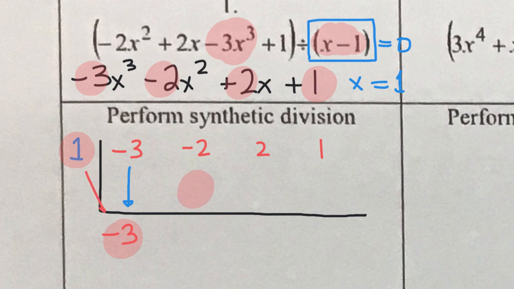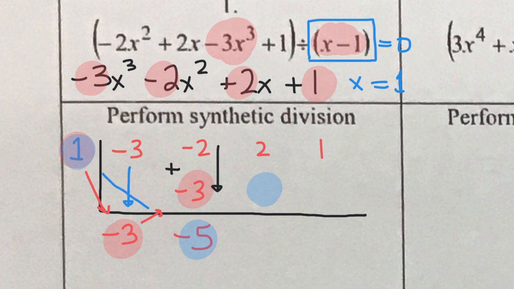We multiply 1 times -3 and put it in the next column. And the columns we always add. So -2 plus -3 is -5. And now I repeat the steps all over again. I take the number on the outside and I multiply it by the next bottom number and I put it in the new column.